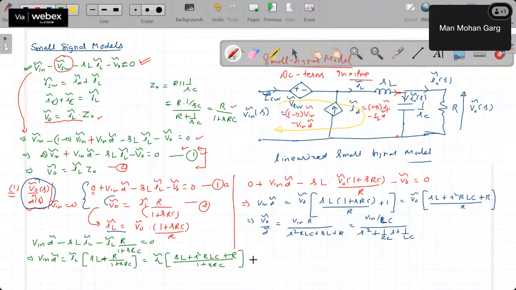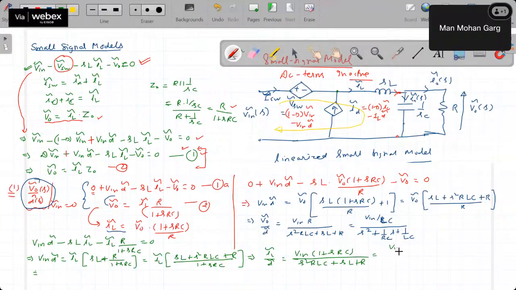If you further simplify this, let me simplify here itself. So this is IL upon D unit. It means V in, 1 plus SRC, divided by S square RLC plus SL plus R. You just divide with the help of RLC.